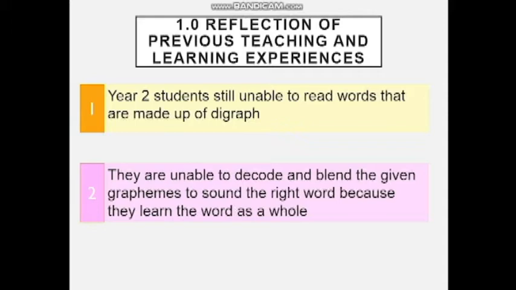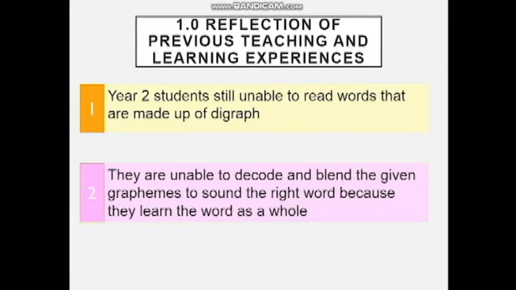However, a handful of my students were unable to sound the digraph th correctly. Either the word was wrongly pronounced, or they were totally unable to decode and blend the given graphemes to sound the right words, because they learn the words as a whole. This can be mainly due to two factors, that's what I think.